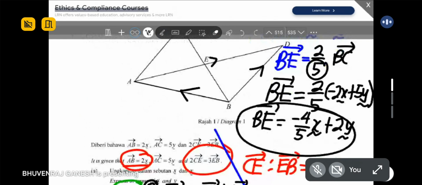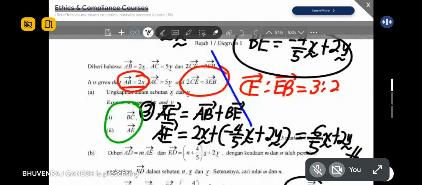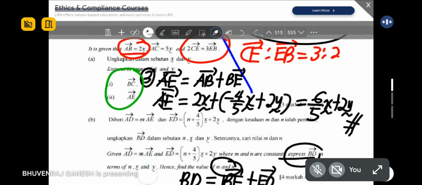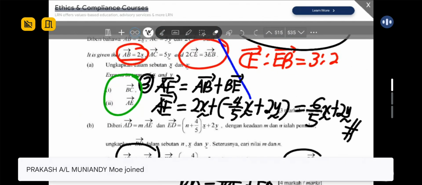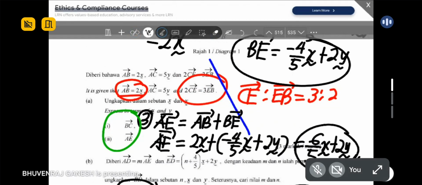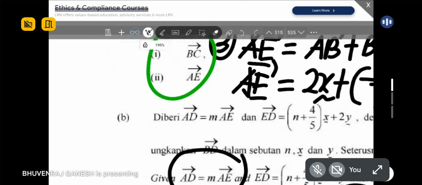BA we have, BA is negative 2x, opposite direction. And then AD, yes, AD we also have. Okay, AD is equal to mAE. Am I right? So you can substitute, gantikan your AE. So AE we already found over here, 6 over 5x plus 2y, correct? So you can already get the AD.